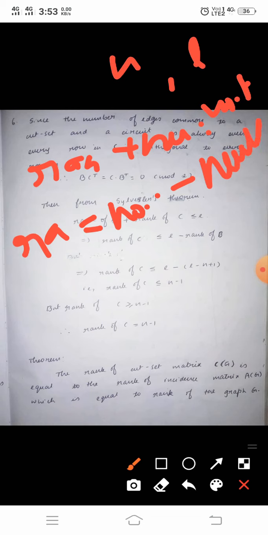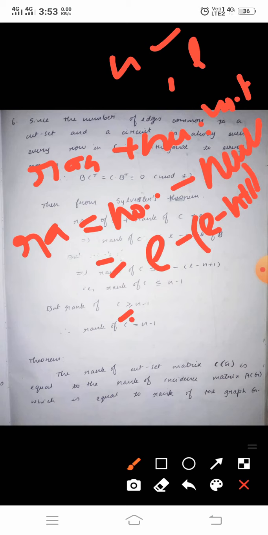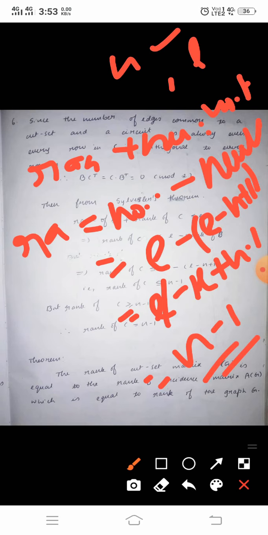The number of edges is E, and nullity is the number of chords in the graph, which is E minus n plus 1. So E minus E plus n minus 1: E cancels, what is remaining is n minus 1. Therefore, rank of a graph is n minus 1.